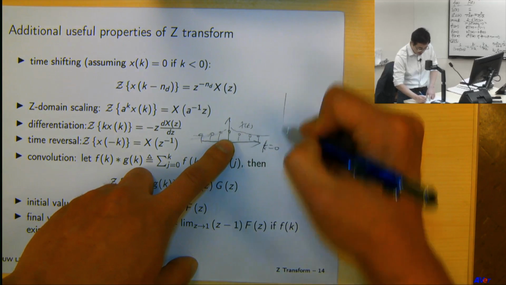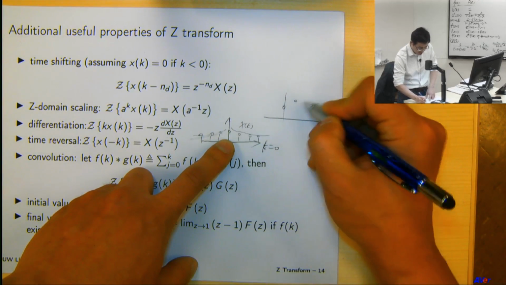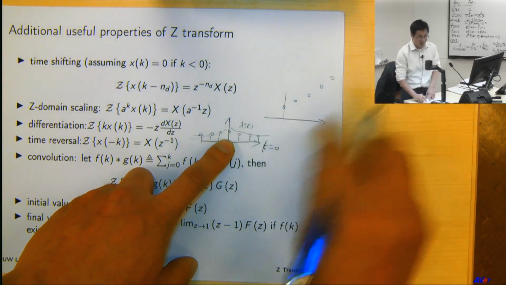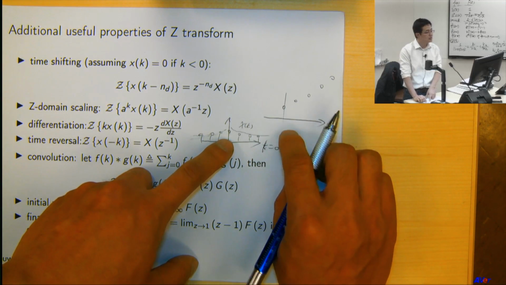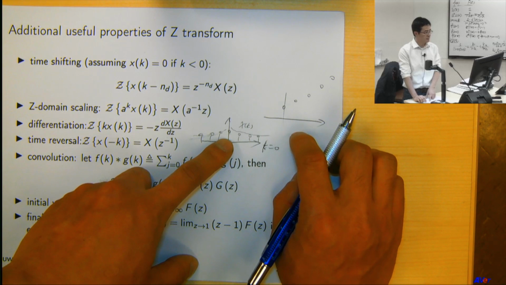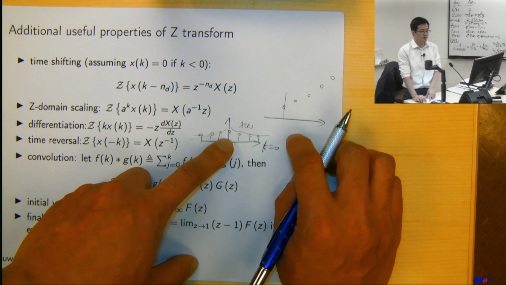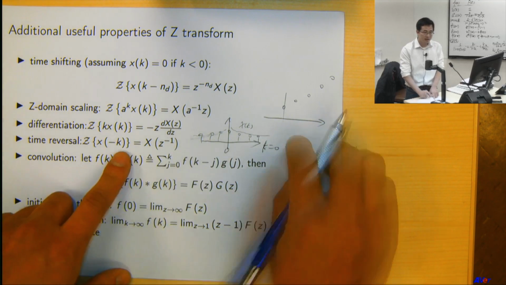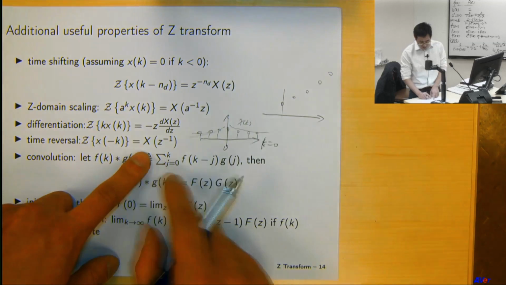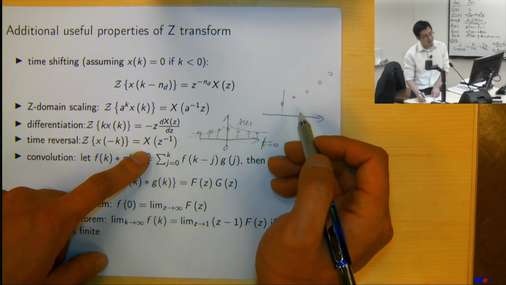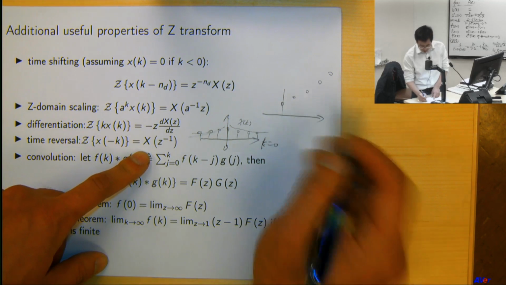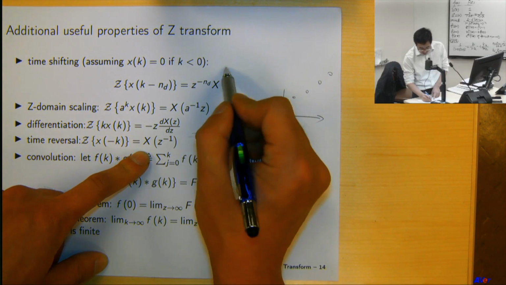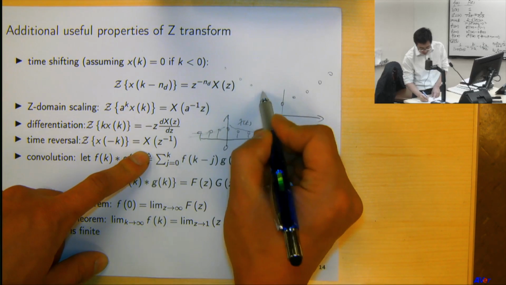There may be a possibility that your sequence is going up. In common engineering, we would think this is a bad thing, because something is going wrong, something is going to very big values. Then this time reversal technique can actually be used to help us find the Z domain properties by looking at things just a little bit differently.